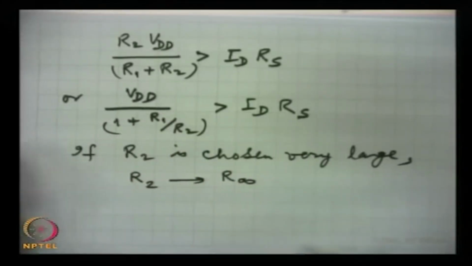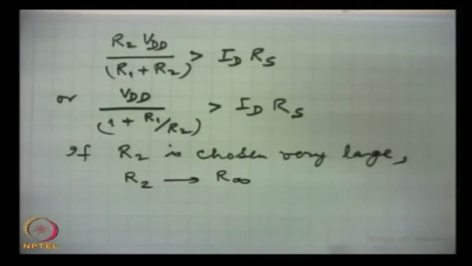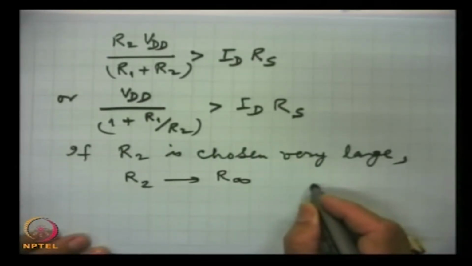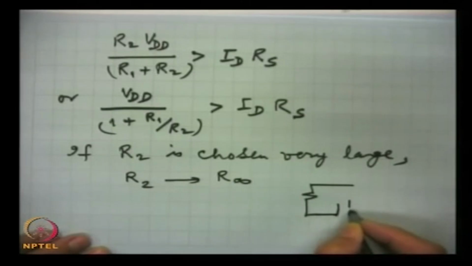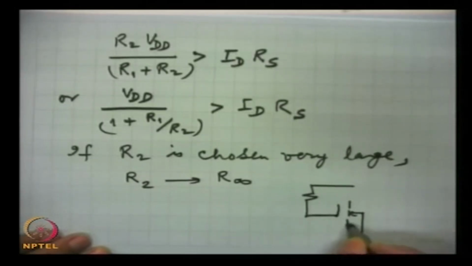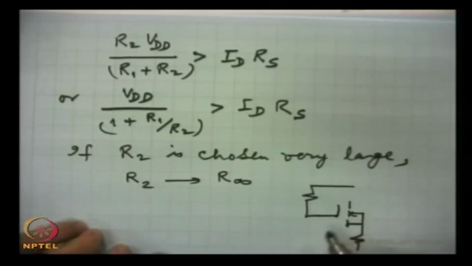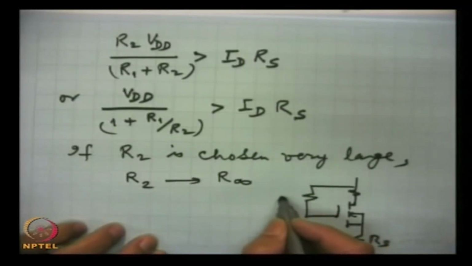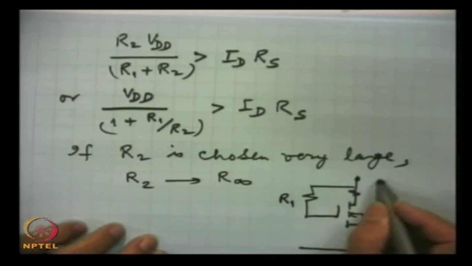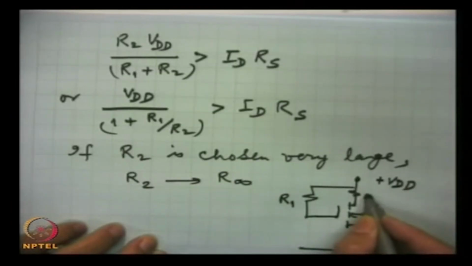So, the circuit is reduced to this, we remove R2, so that the circuit is this is NMOS, this is RS, this is R1, this is VDD, and this is RD.